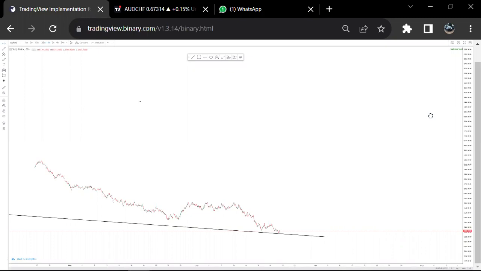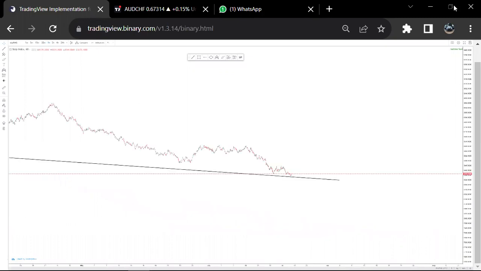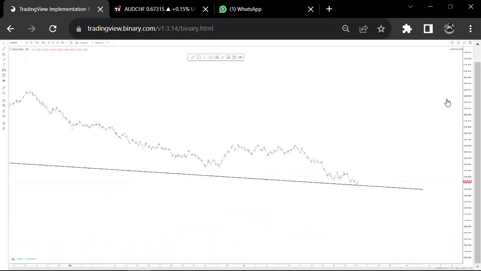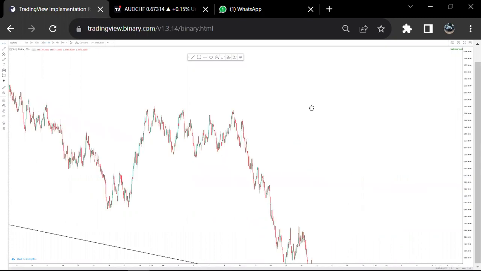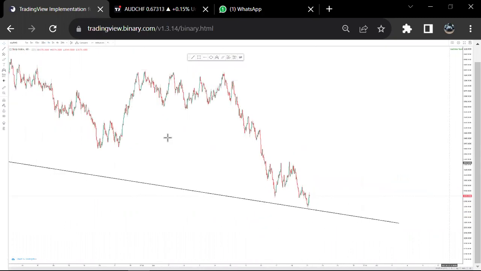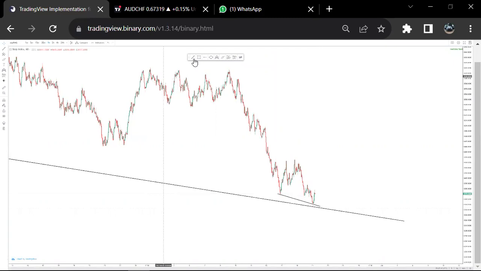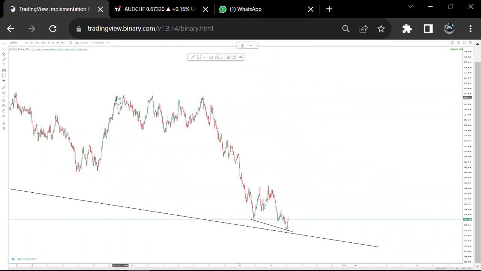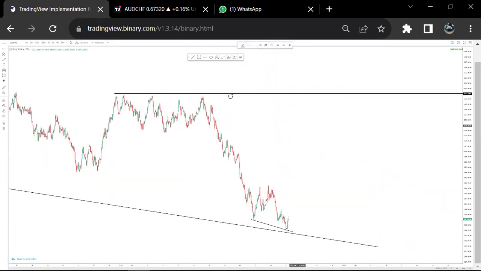So on the 1 hour, you could see that, as I said, we need to be looking for a zigzag to the upside. So on the 1 hour, you have these. When you have these, your target has to be somewhere around that level.